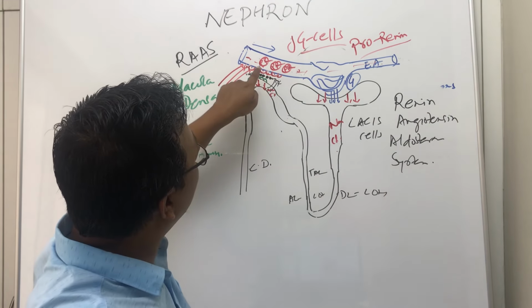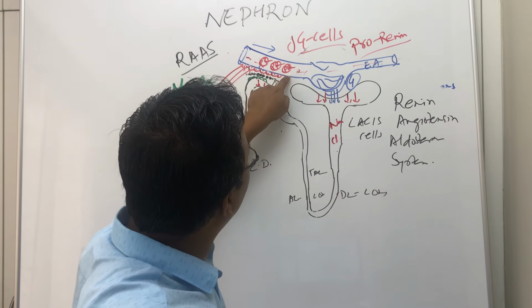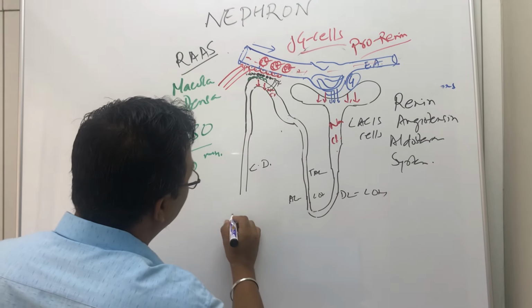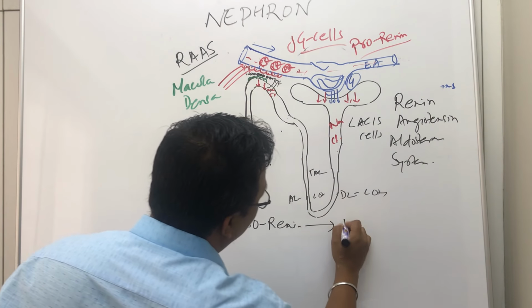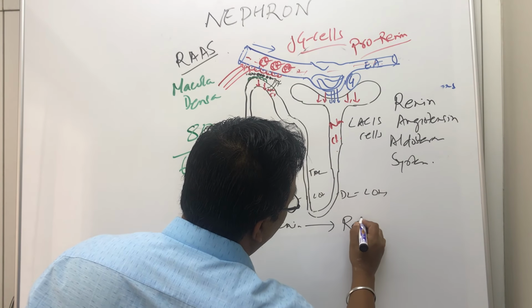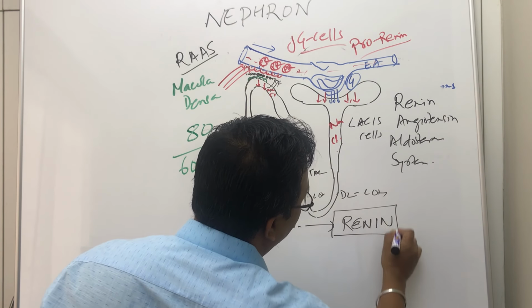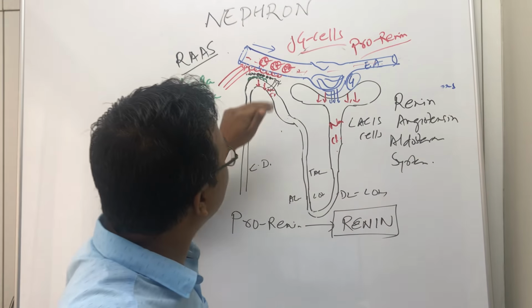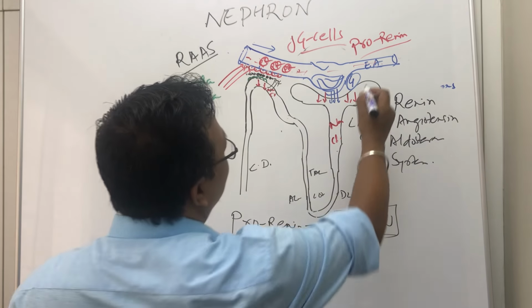As a result, when these JG cells are stimulated, they will convert the inactive prorenin into an activated form called renin, which is a hormone. Now this renin is flowing in the blood.